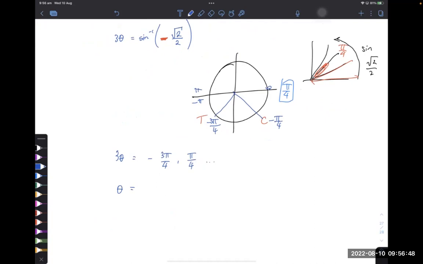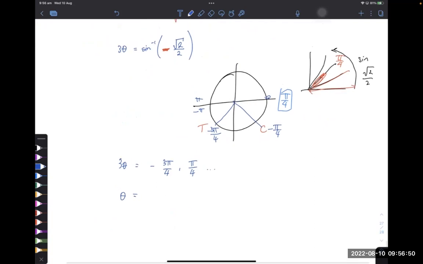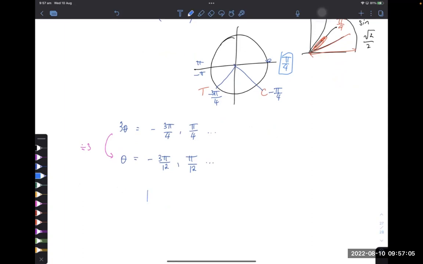I'm going to divide everything by 3. What happens on one side happens on the other. I'm going to get negative 3 pi on 12 and negative pi on 12, dot, dot, dot. Don't simplify this yet. The period is equal to 2 pi on n.